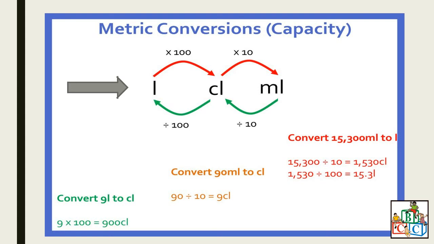So milliliters to liters, divided by 1000. Okay, so 13,300 divided by 1000 is equal to 13.3 liters. So here on the screen, take a look at the example it has given you.